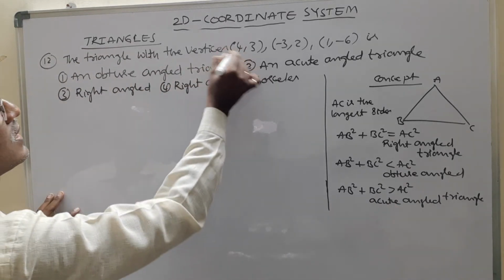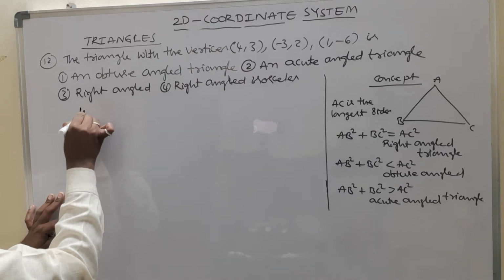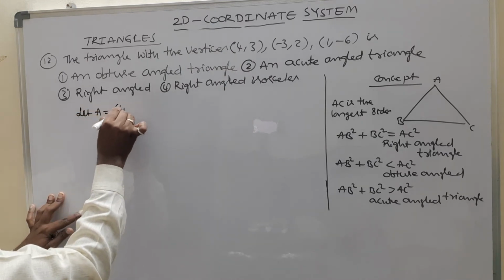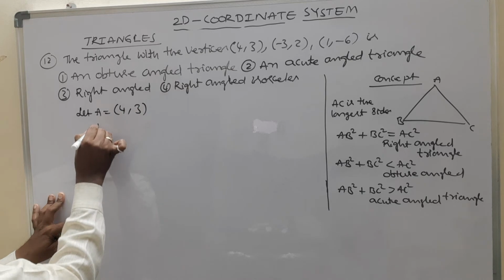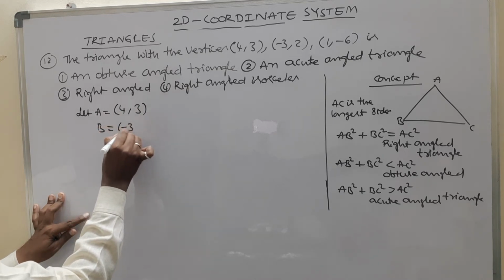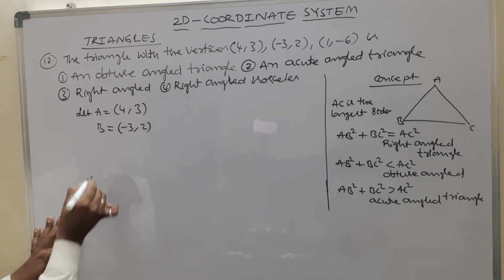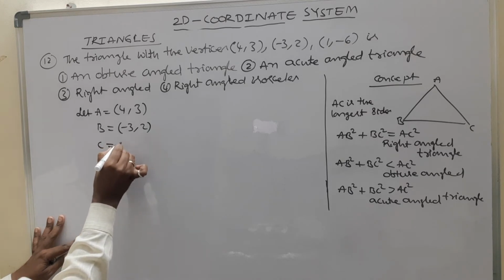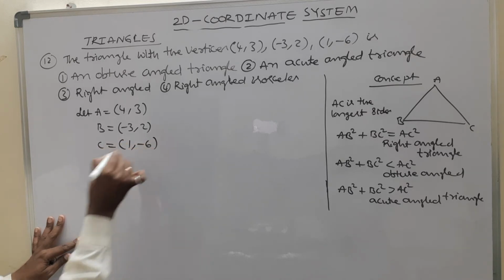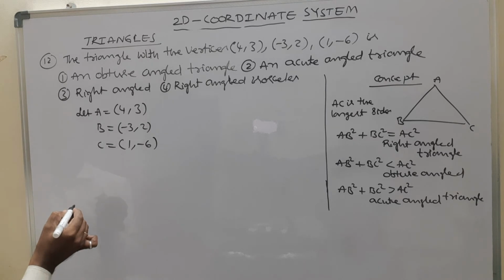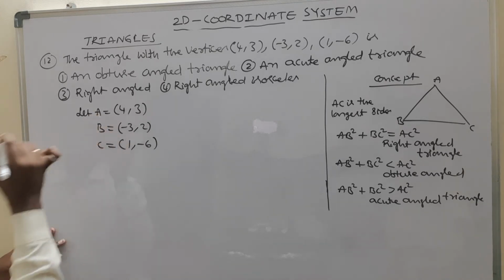Here first vertex, let A equal to (4, 3), B equal to (-3, 2), C equal to (1, -6). First find the distances of the sides AB, BC and AC.